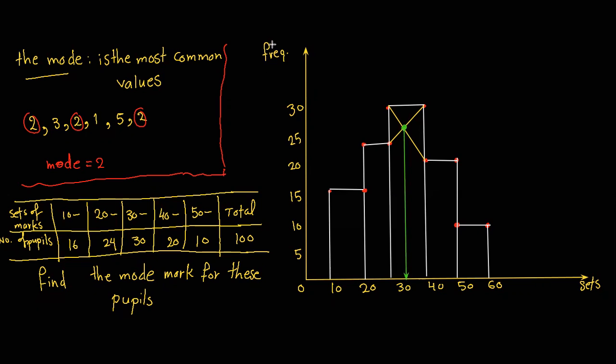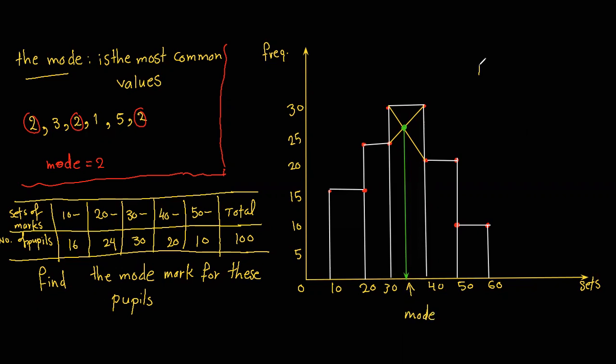So we will make the value to be in an accurate way. So this value will be approximately, not in the middle, not at 35, before 35. So this value is the mode.